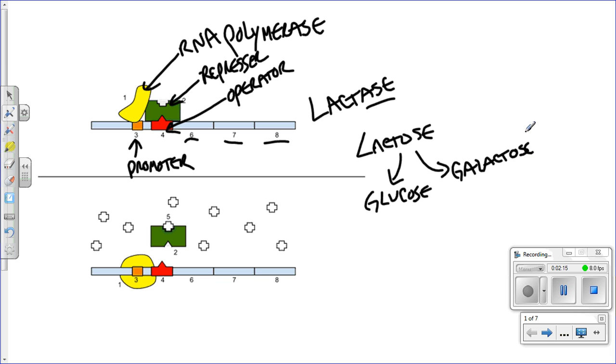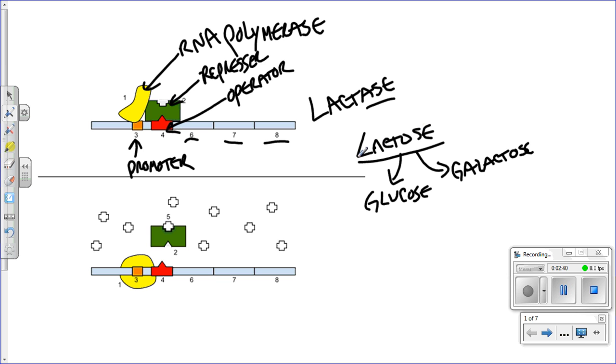So the goal is we have to make lactase, the enzyme, to break down lactose. Well, we're not going to break down lactose unless the environment has lactose in it. So operons are really good at helping organisms regulate needs when the environment presents different types of situations.